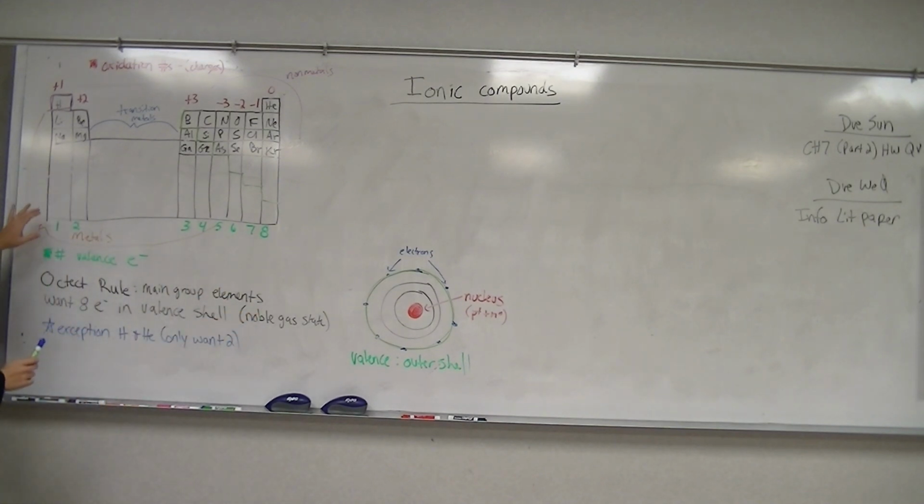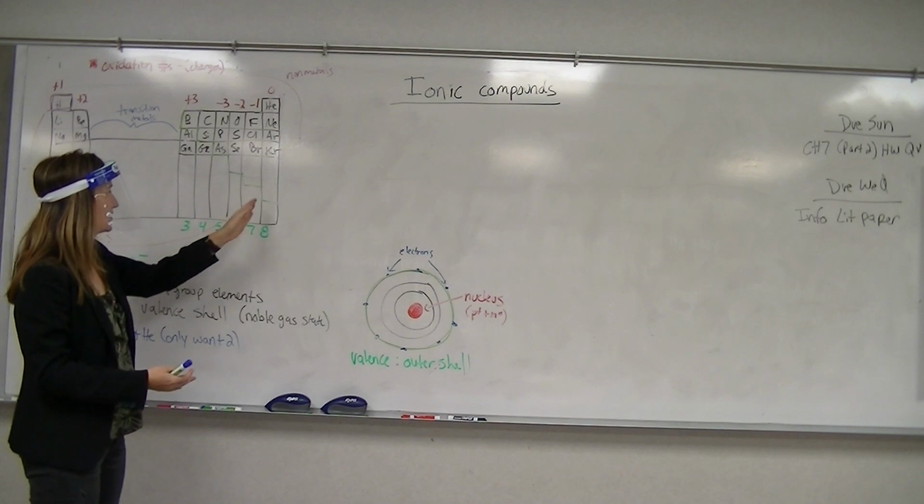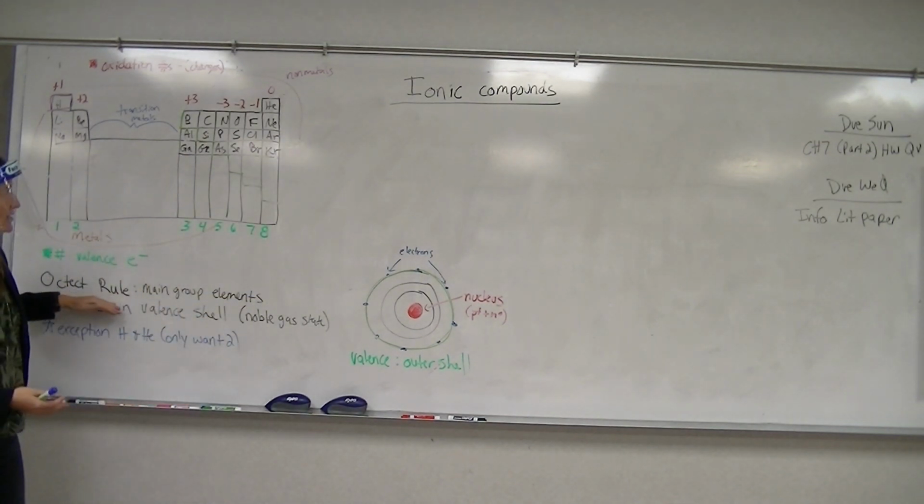These are the number of valence electrons that these elements already have, without bonding. Right? So the alkali metals always have 1 valence electron. That's just how many they naturally have in their natural state. Alkaline earth have 2. So it's kind of easy to remember these because you just skip the transition metals and just count. 1, 2, 3, 4, 5, 6, 7, 8. Now notice this 8, that's already filling the octet rule.